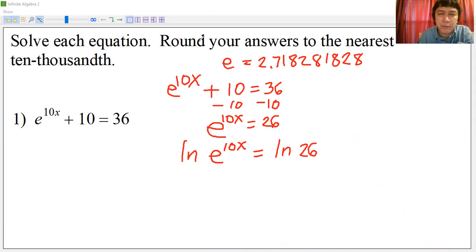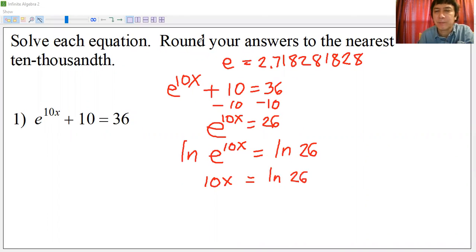Okay, so for the next step, this is going to be just 10x. Remember the expression there, ln of e to the 10x. Whatever is there will be the equivalent. So this will now be 10x, and this equals ln 26.